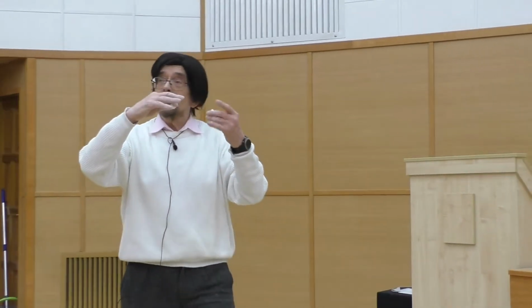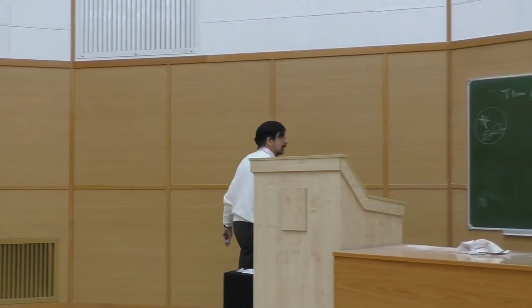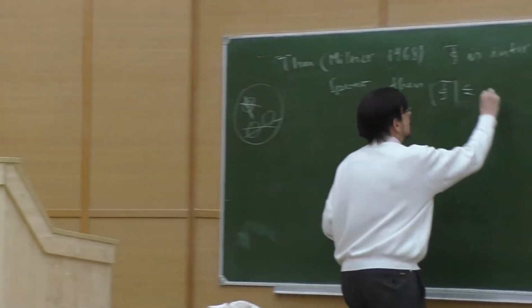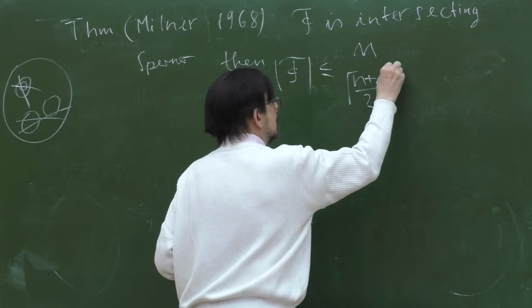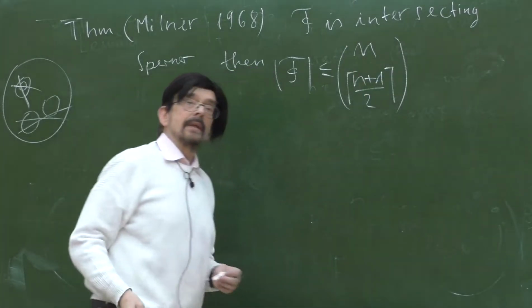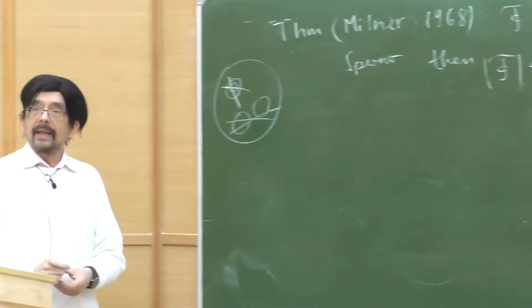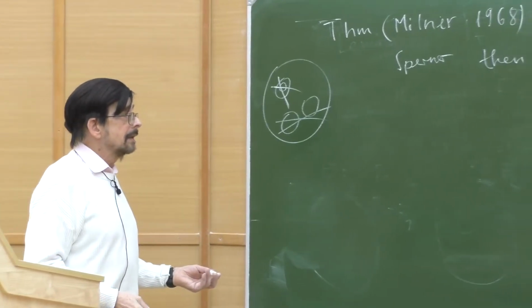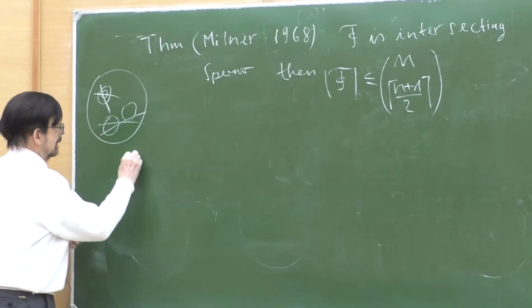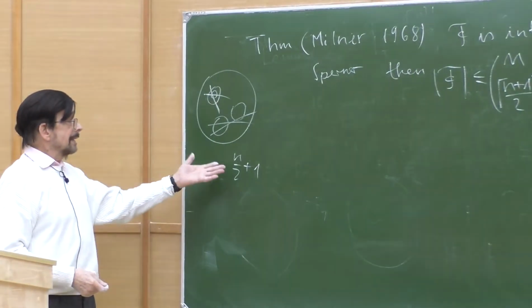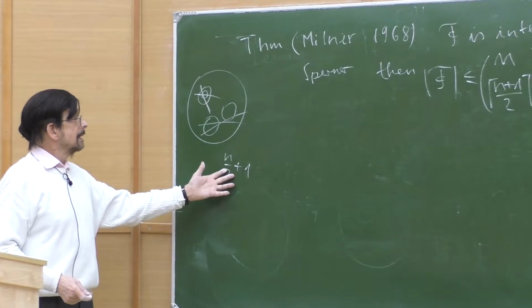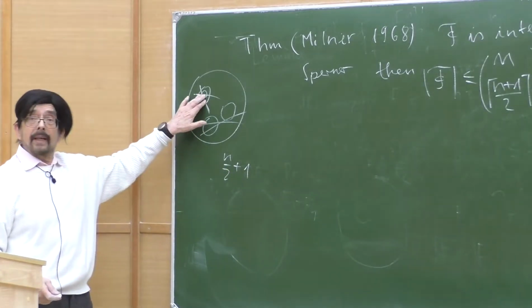So the first one, which is more than half, can be expressed in this way. So when n is even, then it means n half plus 1. And since they have the same size, this cannot happen.